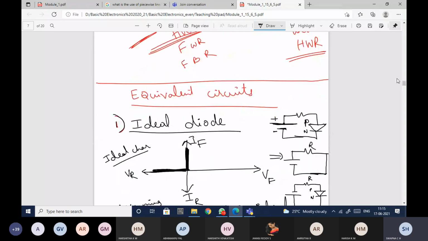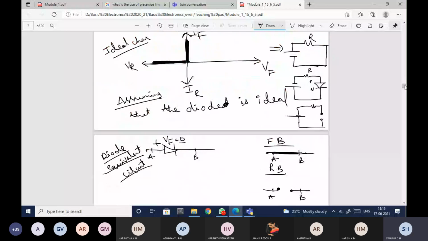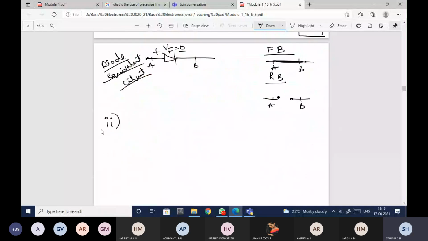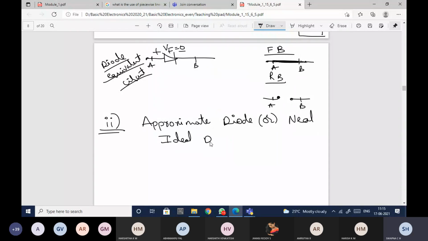Next is the approximate diode characteristics, or near ideal diode characteristics. The second equivalent circuit can be drawn for the approximate or near ideal diode.